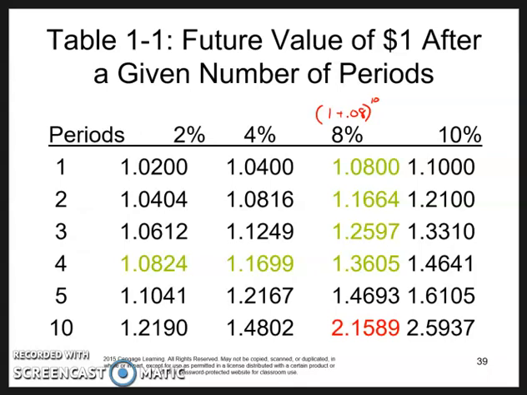Factors are the old-fashioned way of doing things. This is actually before my time, but in the past, financial calculators weren't readily available. So as a result, people used tables with factors on them. There were tables that would calculate for the future values, present values, payments, and so forth.